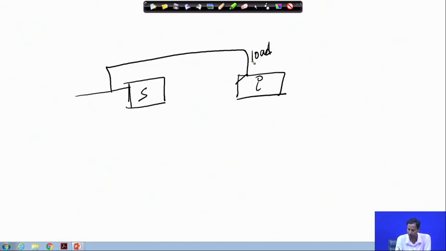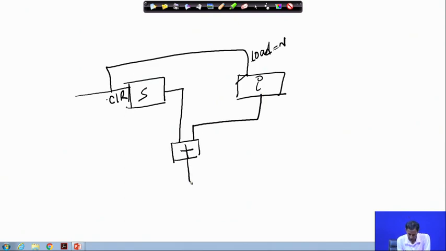This will load the value of n, and this is the clear signal. S is the storage, so initially it will be set to 0, then it goes to the adder circuit, and again comes back to the storage.